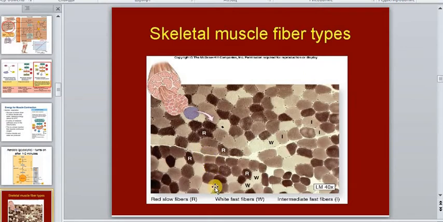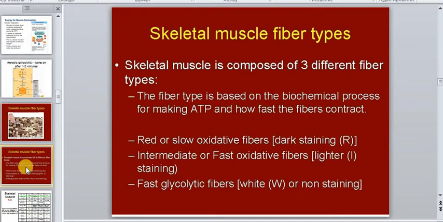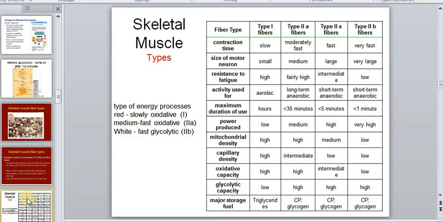Let's look at the types of muscle fibers. They are sometimes divided into just red and white fibers, as you see on the photo, but it will be more correct to classify them according to the type of energy process. Red, slow oxidative; medium, fast oxidative; and fast glycolytic, white color fibers.